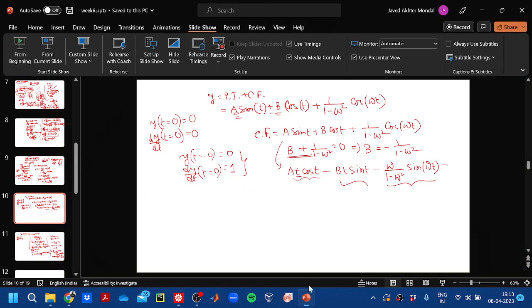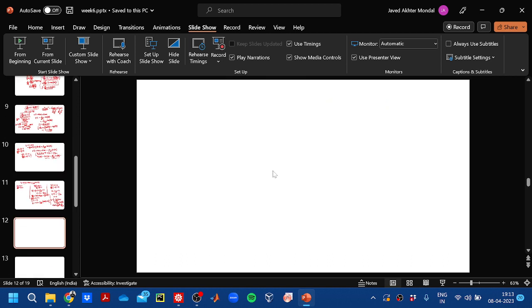So let me just write down here. Our given equation is d2x dt square plus x equal to cosine of omega t. So what will we do for solving with a numerical method?